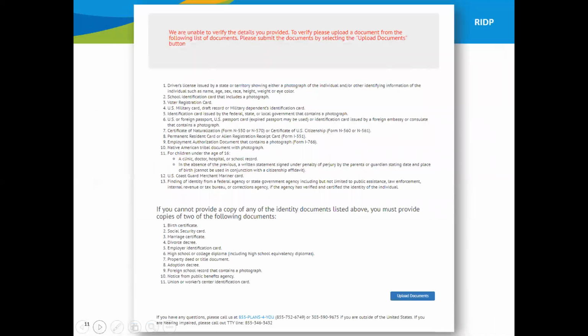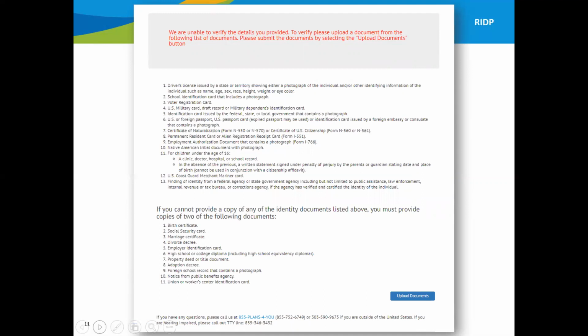If an individual was not able to see any questions related to identity proofing, or we were not able to send a successful match to the Experian service to be remote identity proofed, the individual will be prompted with this screen to provide manual documentation for their identity in order to complete the application for qualified health plan or advanced premium tax credits and cost share reductions. So the documents listed here would allow the individual to provide that manual verification so that we could properly establish identity.